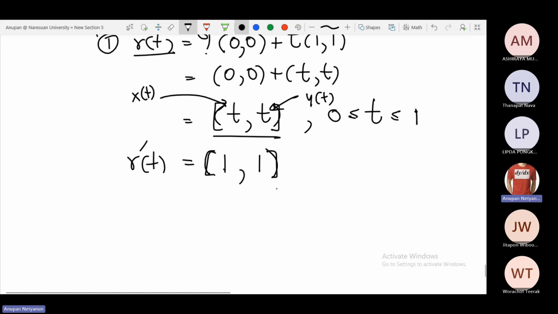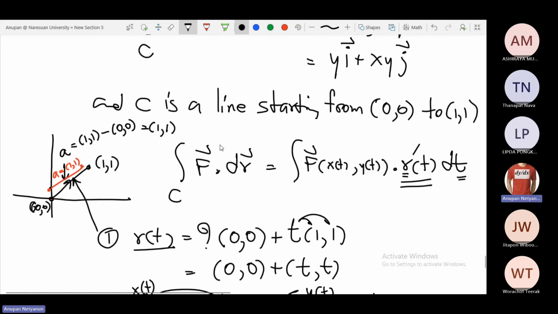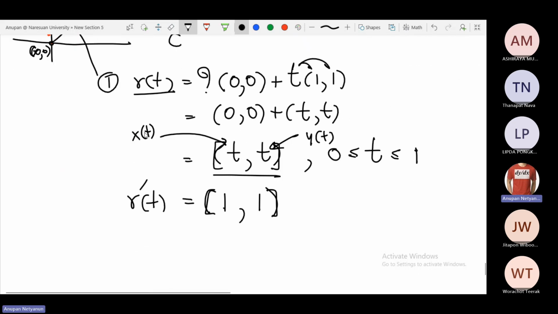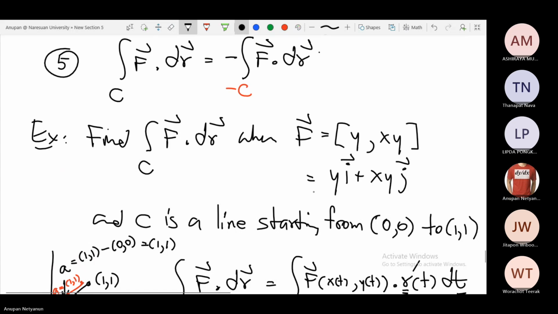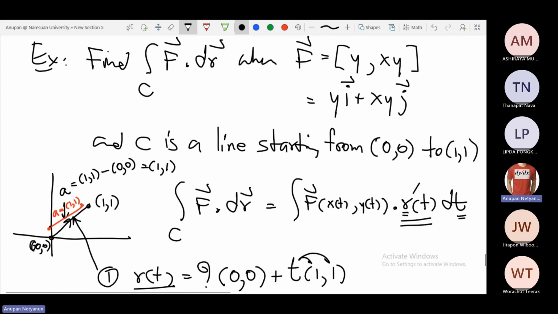Okay. And since we want to find the dot product of this function along this curve, x and y here should be on the curve. So I know that x(t) on the curve is t and y(t) on the curve is t. I just plug in this x and y in terms of t into your f, which is a vector function. Okay, so f is y and xy.